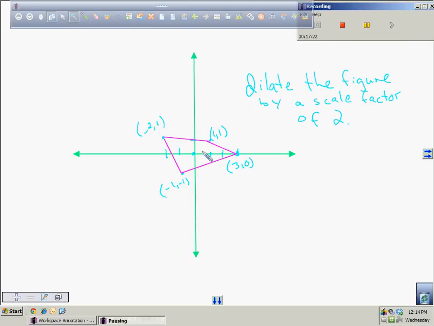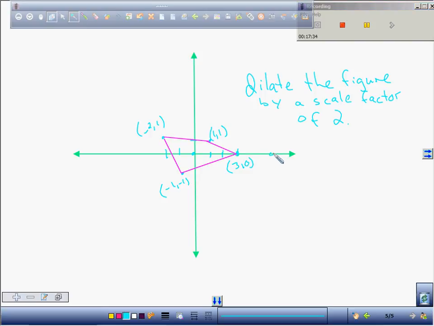All right. So if I want to dilate this by a scale factor 2, all I have to do is multiply all the coordinates by 2. So this, which was 3, 0, becomes what? So this becomes 6, 0, right? And this point over here becomes what?